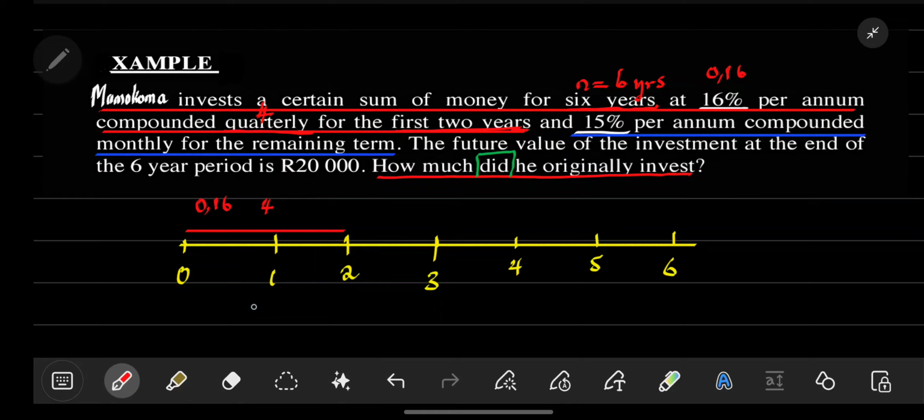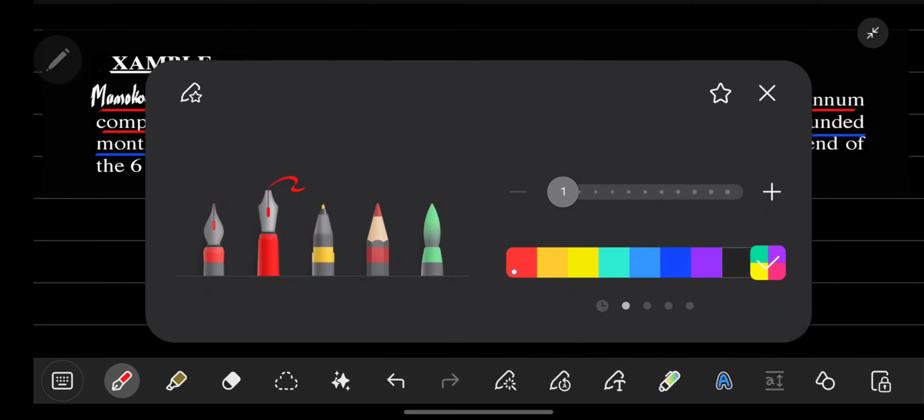And what else are we missing? Oh, N, which is 2 years. And from there they say for the remaining term. Where is the remaining term, guys? So this will be your remaining term. Oh, sorry, I want to use the blue color.